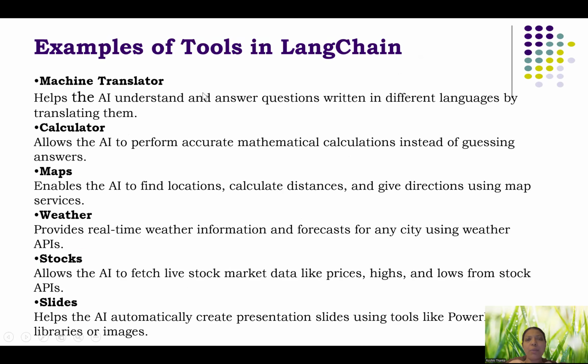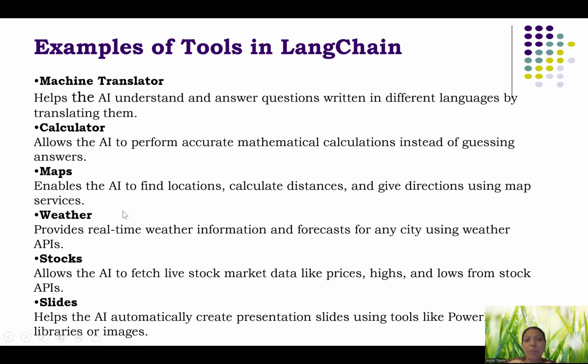Some of the other example tools in LangChain: the machine translator, which helps us translate the given input into something suitable for the AI to understand, since the question may be in a different language. So translation can be done by this tool. Then the next tool is the calculator, which helps us correctly calculate a mathematical expression. Then a map tool helps us find a location so that we can calculate the distance and give directions.